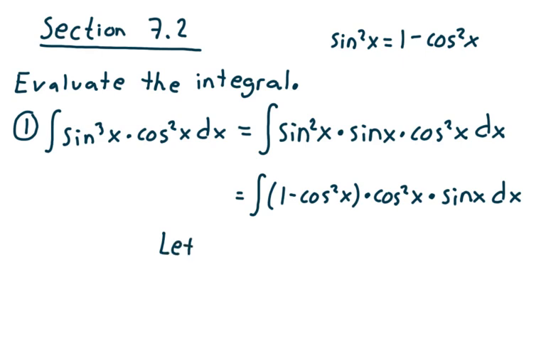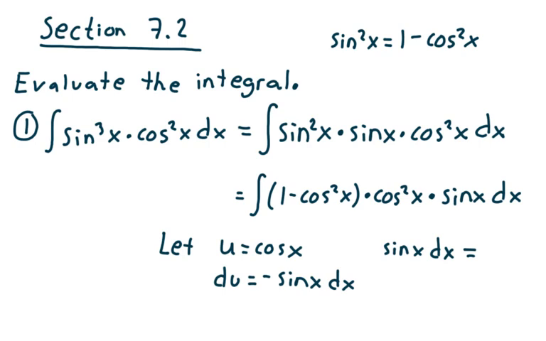So I'm going to let u equal cosine of x. du is negative sine x dx. And so sine x dx is equal to negative du.